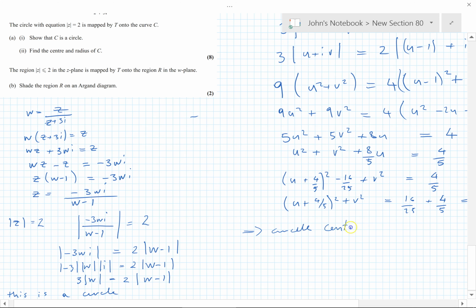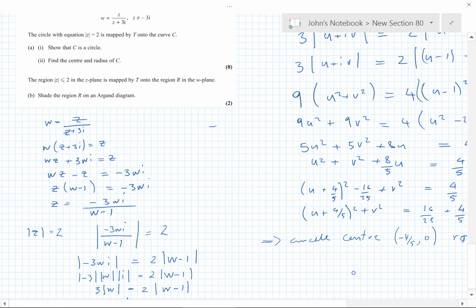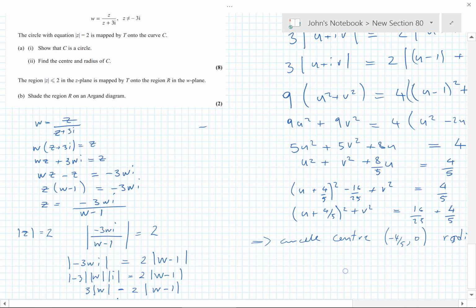Centre minus 4 over 5, 0, radius the square root of that number above, 6 over 5. Okay, so then we're nearly done.